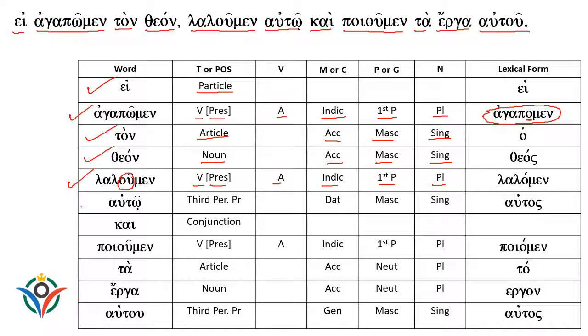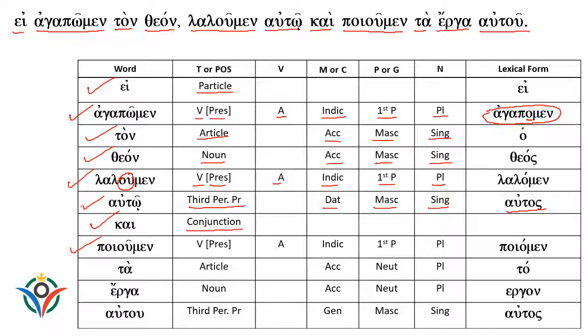Then we have auto. Alright, and I remember in our previous lesson we looked at the third person personal pronoun. So this is a dative, masculine, singular from autos. Next we have kai, which is a conjunction meaning and.